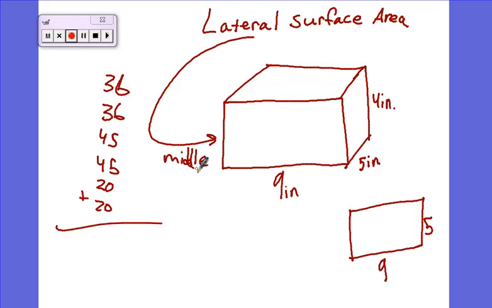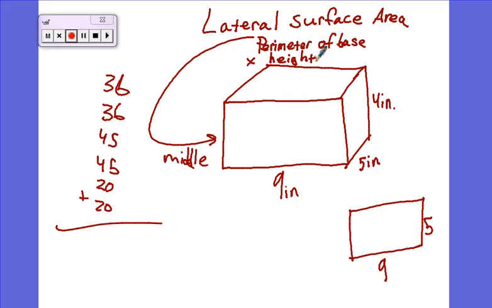So to do the lateral surface area of a shape, we find the perimeter of the base and we multiply it by the height of the shape. That tells us the entire middle. It just does not tell us the top or the bottom.